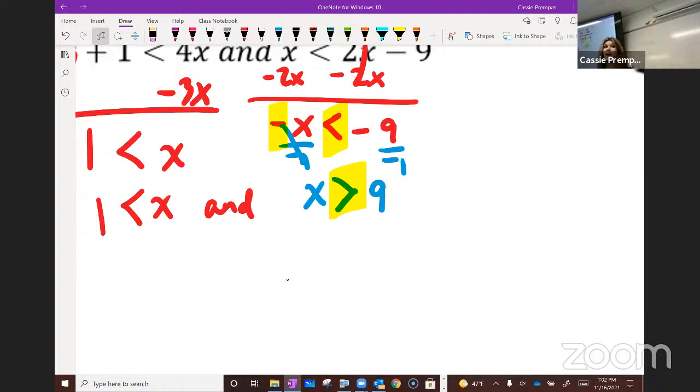If I talk to my kids and I was like, hey, come to me if you're older than 1 and older than 9. If my 2-year-old came to me, would that be correct? Claire, what do you say? Thank you. Claire's correct. The 2-year-old would be older than 1, yes, but they're not also older than 9.